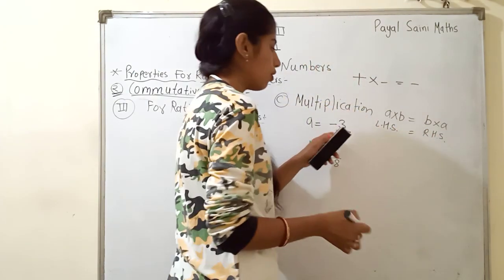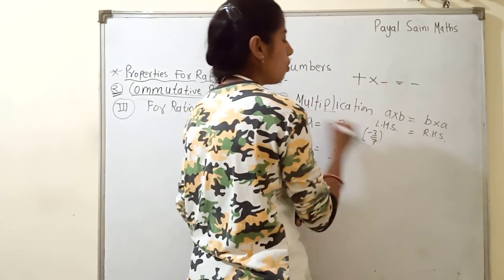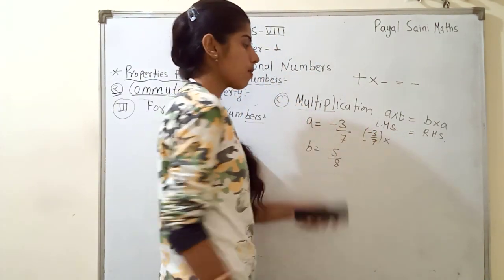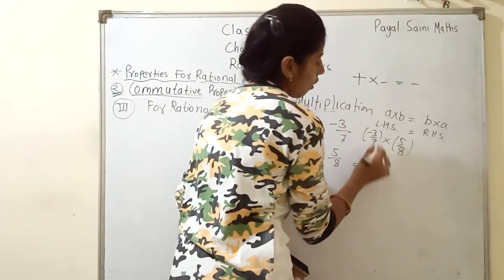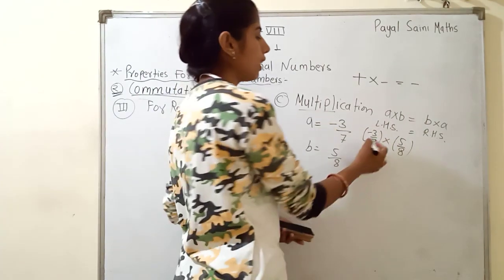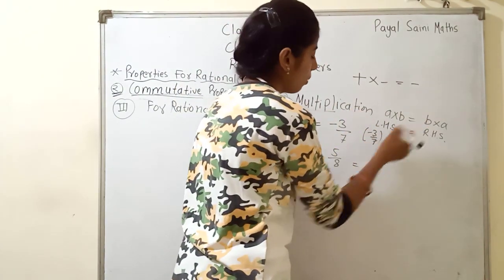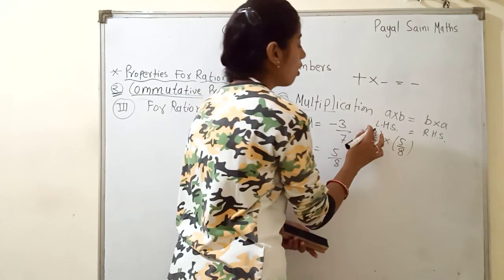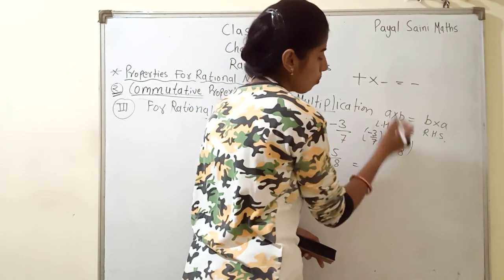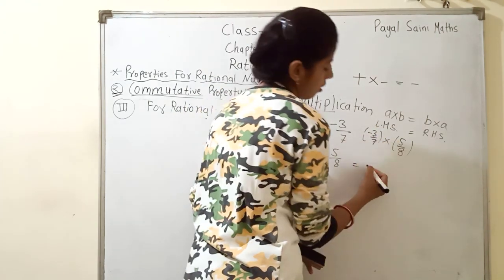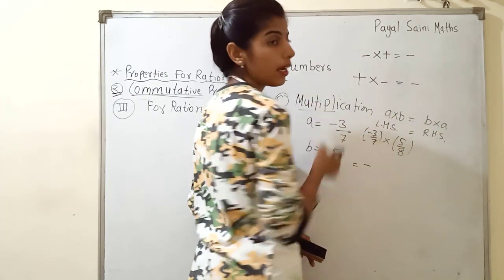Left hand side: a value we put first, minus 3 by 7, and what do we do? Multiplication. Then between them the sign is multiply, 5 by 8. First we solve the left hand side and we know that in multiplication, numerator multiplies with numerator. First work is multiplication of signs: minus into plus is minus.